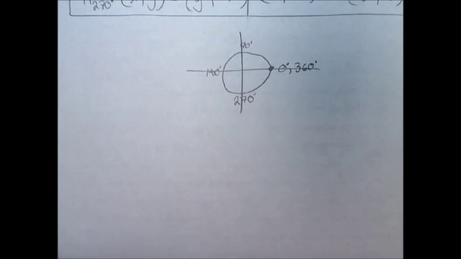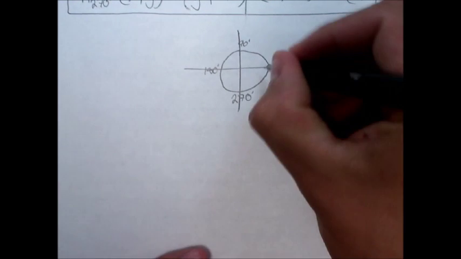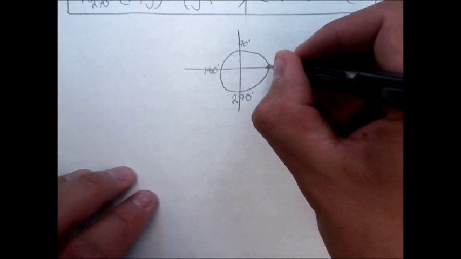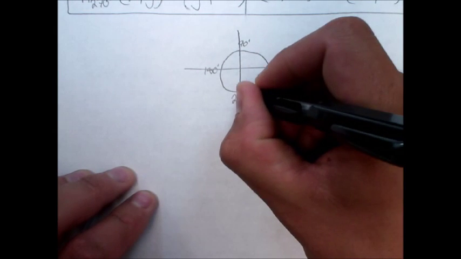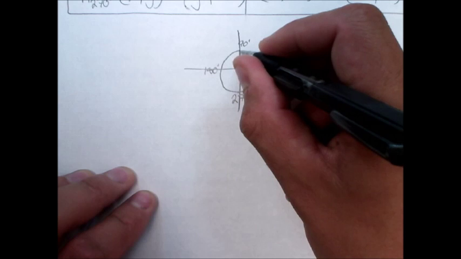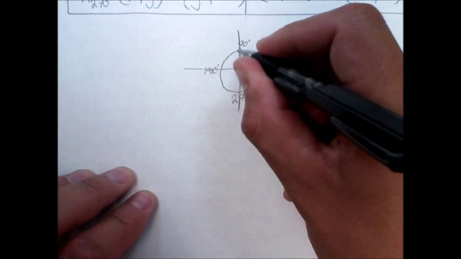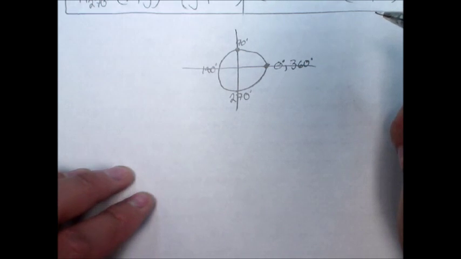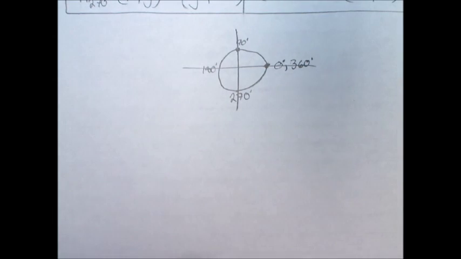Now, if I told you what is negative 270 degrees, you're going to start at the same place, but you're going to go backwards 270 degrees. So look at what I do. Start here, 90, 180, negative 270. So really, negative 270 is the same as 90 degrees. I'm just going in the backwards direction. Okay?